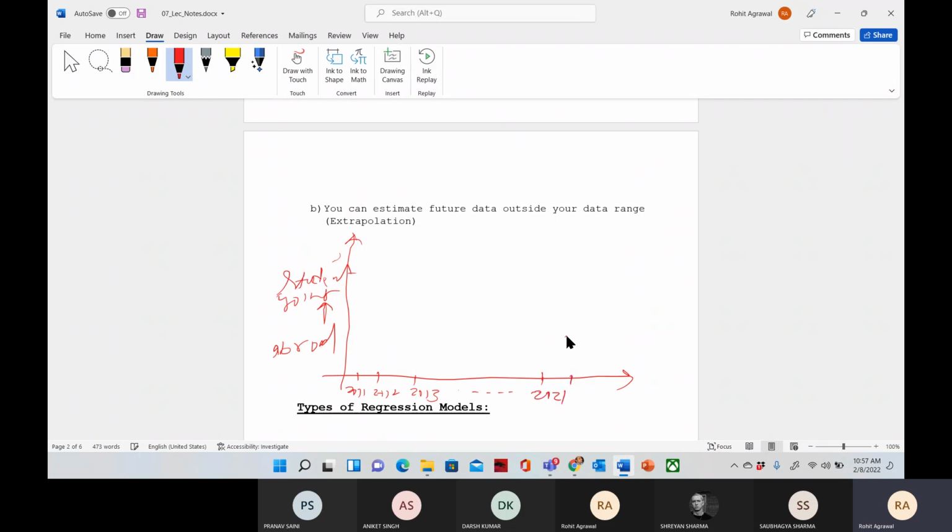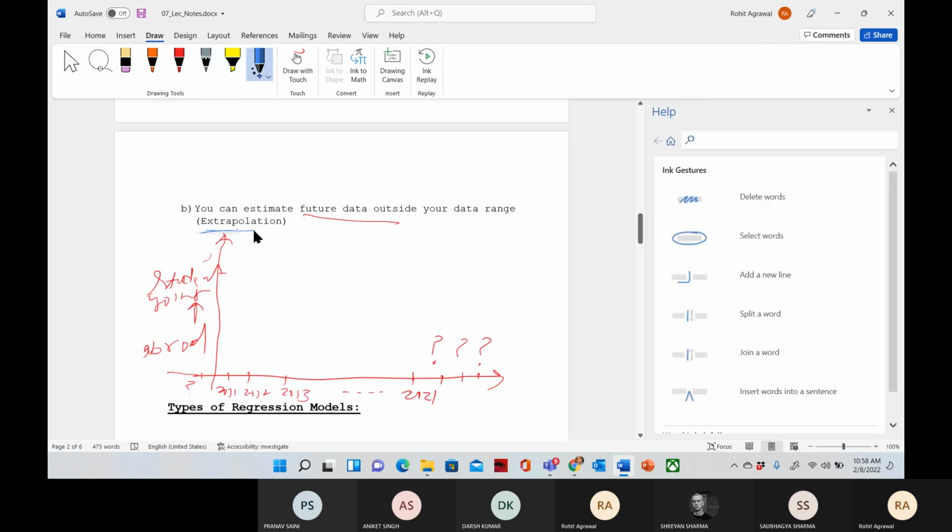Now for this question mark, for this question mark, and so on, or before this also is a question mark. So you can estimate the future data outside the data range. That is called extrapolation. Clear?